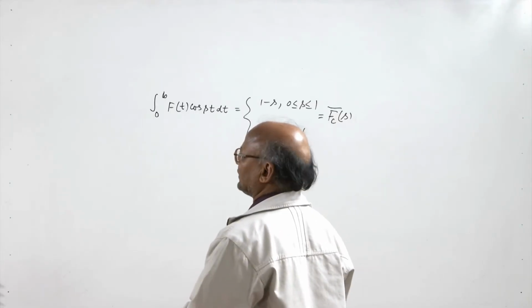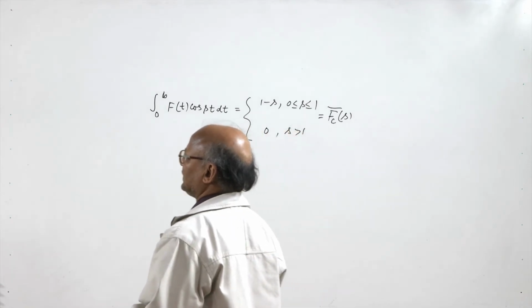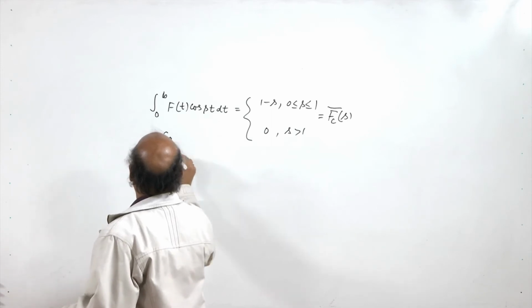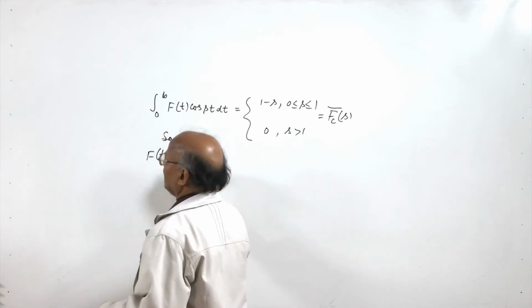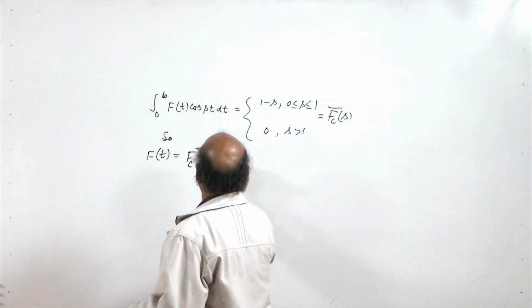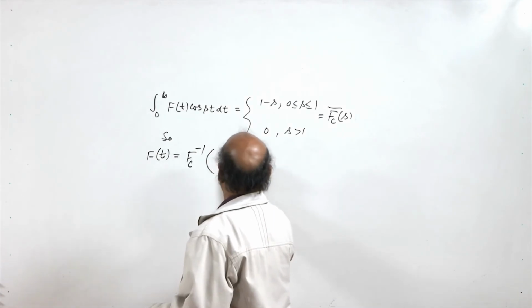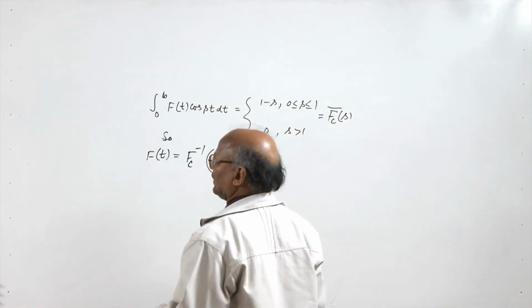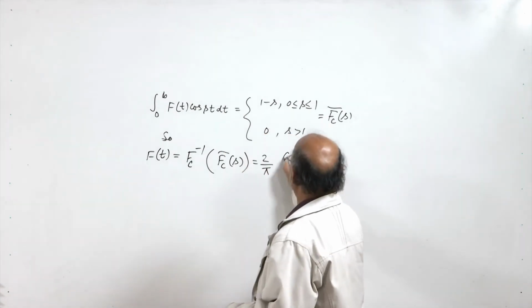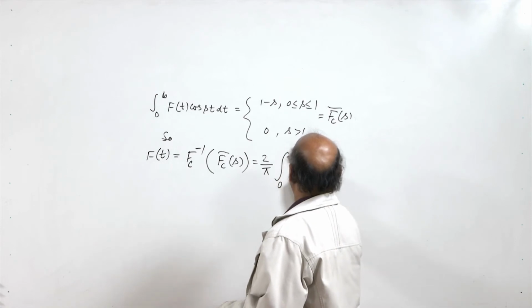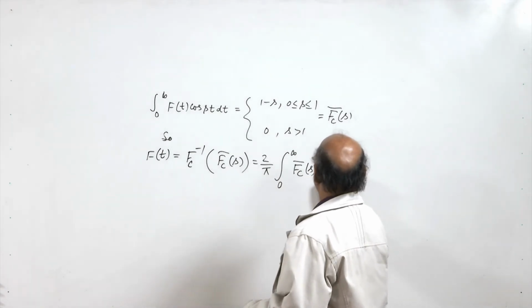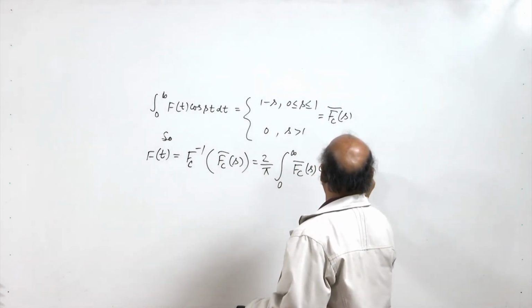So we will use the inversion formula for the Fourier cosine transforms. So f(t) is equal to F_c inverse of f_c bar(s), which is equal to 2 upon pi integral 0 to infinity f_c bar(s) cos st ds.